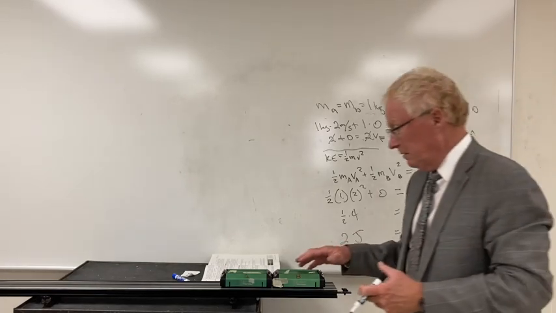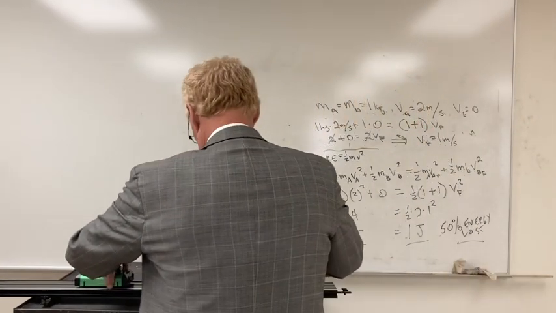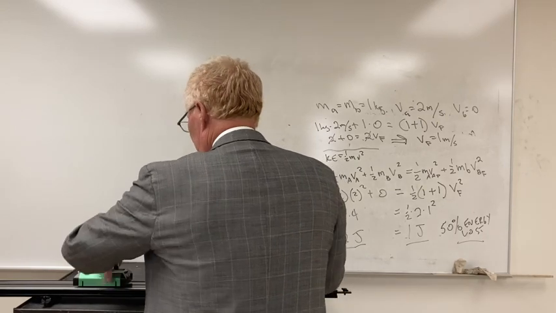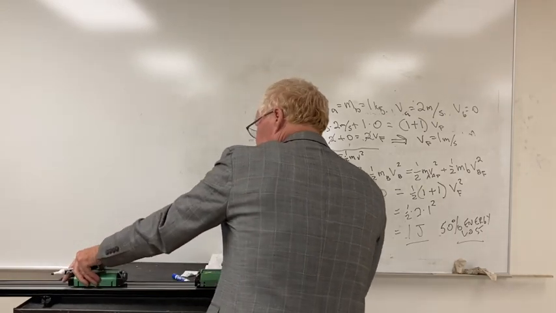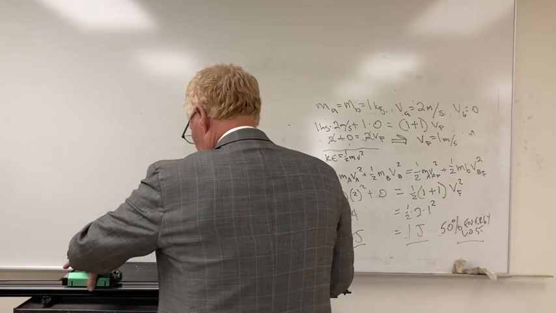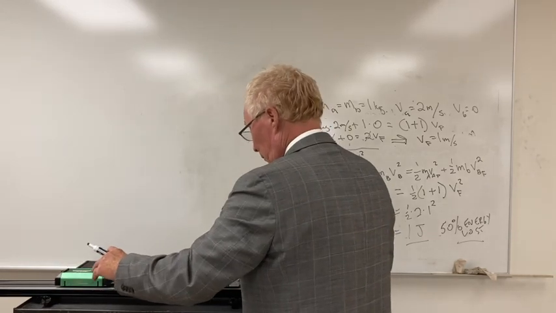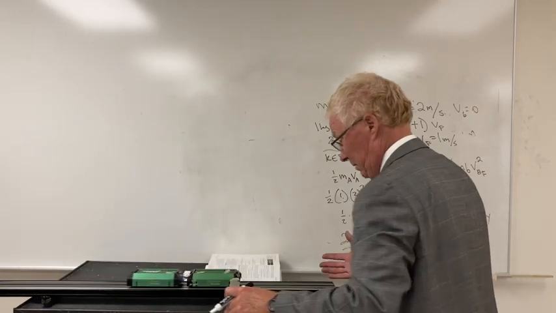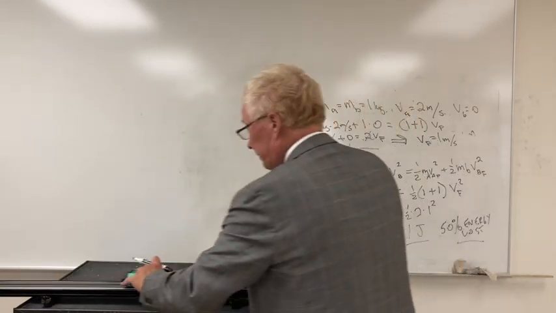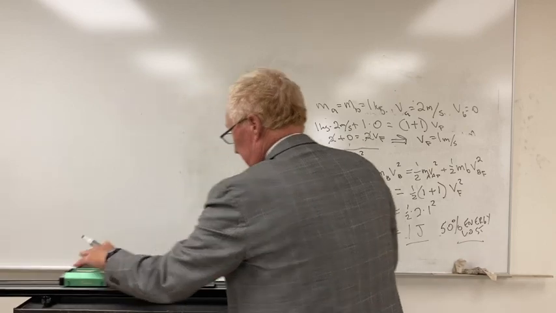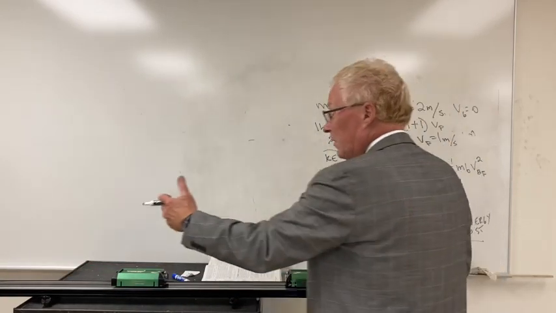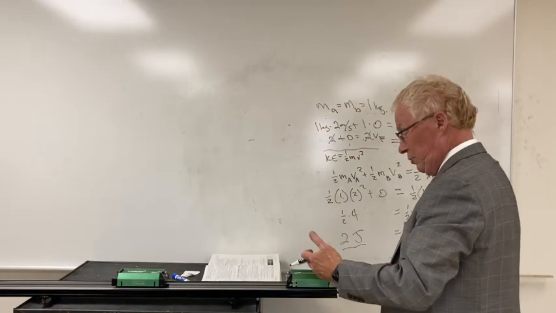Now, if this is an elastic collision, I'm not going to go through the whole calculation, but what we see here is VA comes at a certain speed, VB leaves at the same velocity, so all the energy here is transferred to this one.